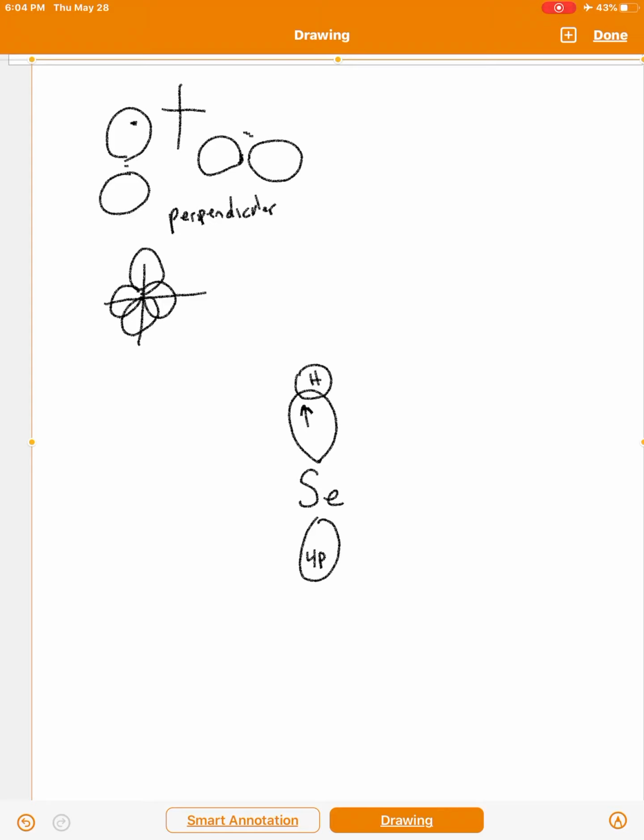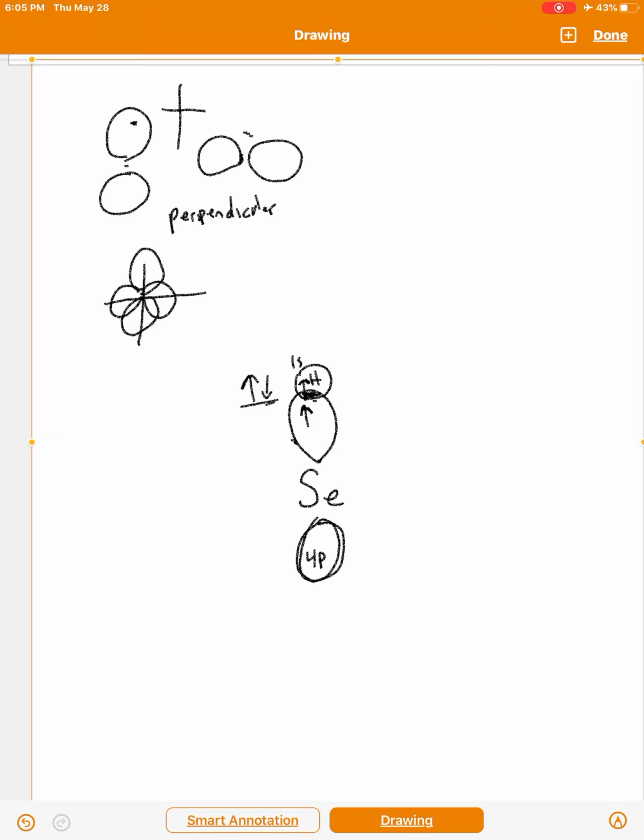So there's your hydrogen, and that's your 1s orbital. That one also has an electron in it. So those two electrons occupy the same region, this overlap region, and there's your bond. This part of the orbital is not even used. It's empty. It's not empty, it actually has some electron density in it, but the bond is up here using this lobe from the 4p.